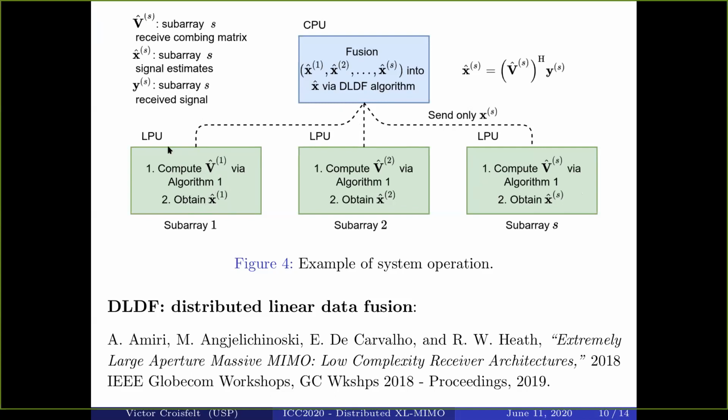These signal estimates are sent to the CPU, where they are fused by using the DLDF algorithm. Well, recall that this fusion operation is needed because the same user can be served by different subarrays. This distributed linear data fusion method, DLDF, was proposed by this paper here, and we are applying it in the CPU to collect the results.